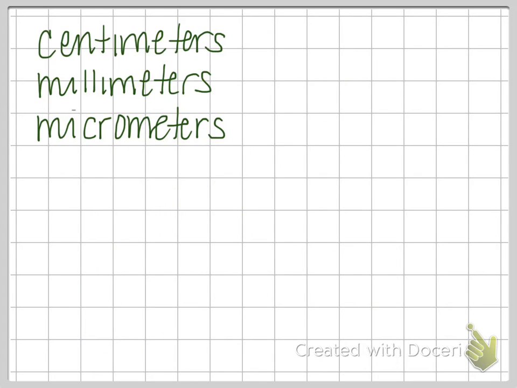So the 3 units that we're really worried about in living environment are centimeters, millimeters, and micrometers. And we're going to be using these units as we estimate the sizes of organisms inside a microscope. So each of these has an abbreviation, and I'm sure you're familiar with centimeters. Those are cm. I'm almost positive you're familiar with millimeters, and those are mm.